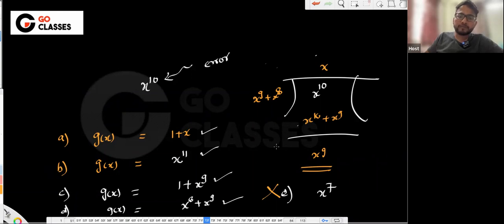Have you understood? Now, instead of x power 10, let's just take x power I. Let's just see if I can do some generalization here.